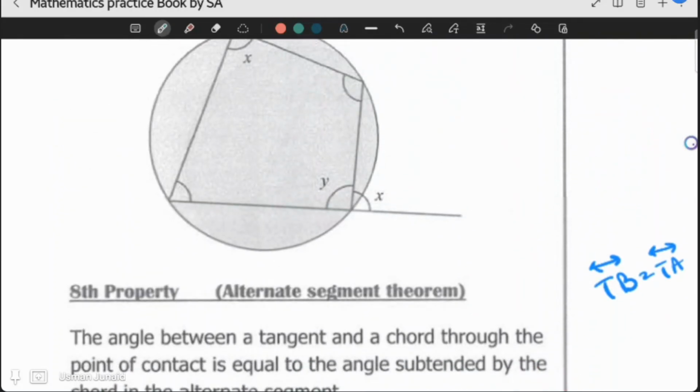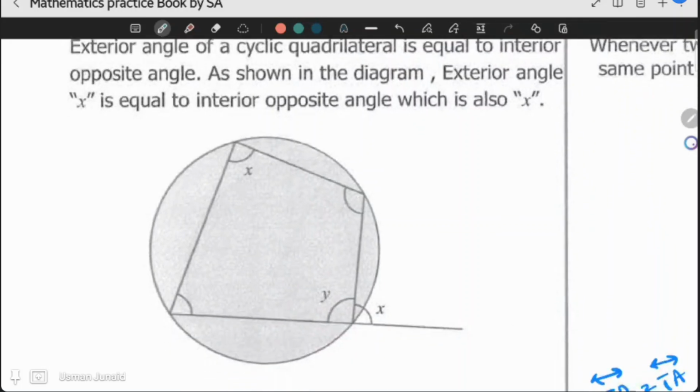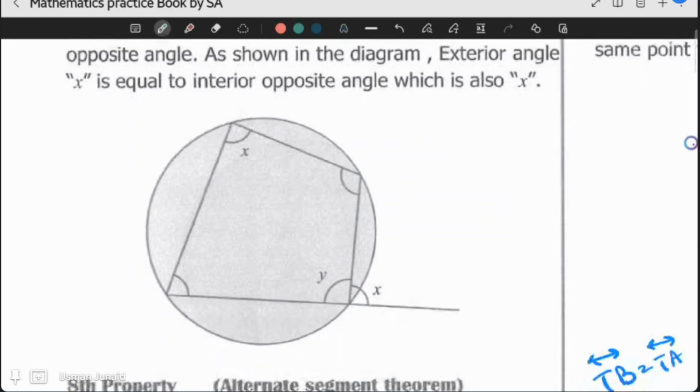Okay. So, we have this cyclic quadrilateral. It says that the exterior angle of a cyclic quadrilateral is equal to the interior opposite angle as shown. For example, again, here if this is x, so this will be exteriorly also x.